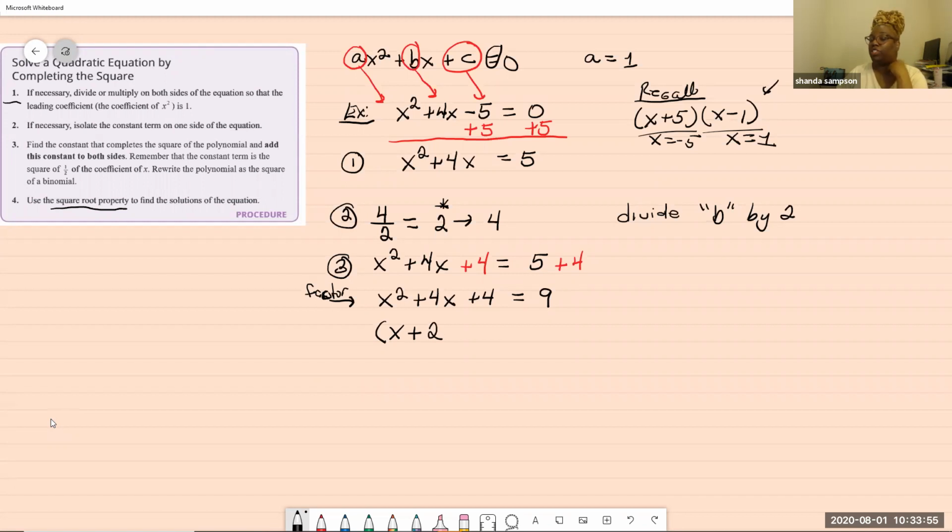Then you don't have to go back and do it over. So x plus 2 squared. Right? At this point, we do the square root property.